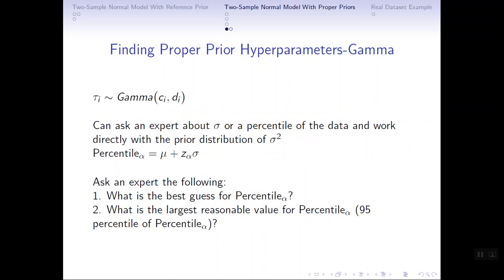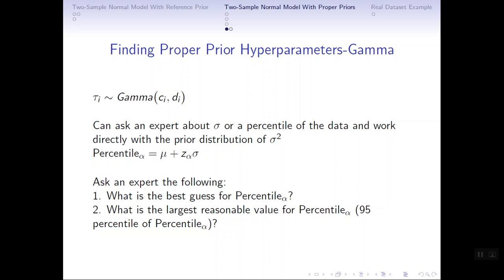And for the gamma distribution, it follows a similar process. For the gamma, C and D parameters, we have to ask an expert about the percentile of the data and then work directly with the prior distribution of sigma squared. So the percentile of some alpha level equals mu plus Z alpha times sigma.